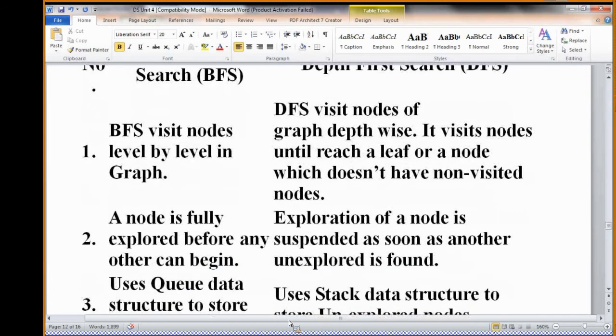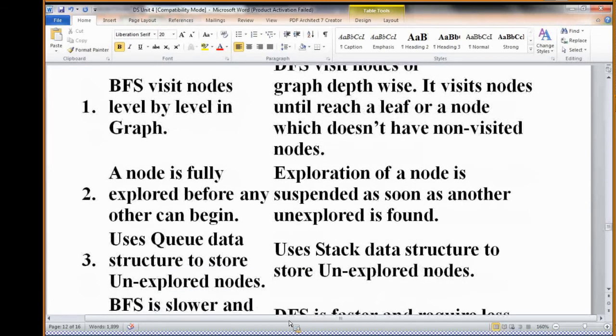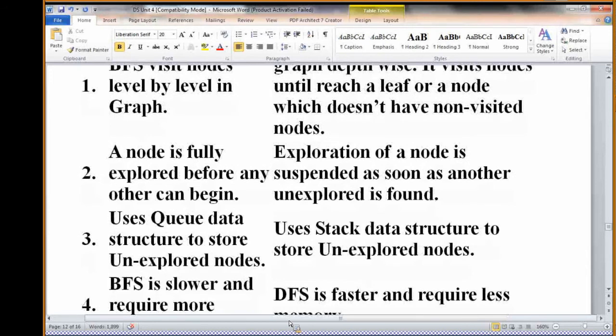In BFS, a node is fully explored before any other can begin. In DFS, exploration of a node is suspended as soon as another unexplored node is found. Here we see whether the particular node's adjacents are all visited or not. If all are visited, then we move to the next node and check whether it is an explored node or not.